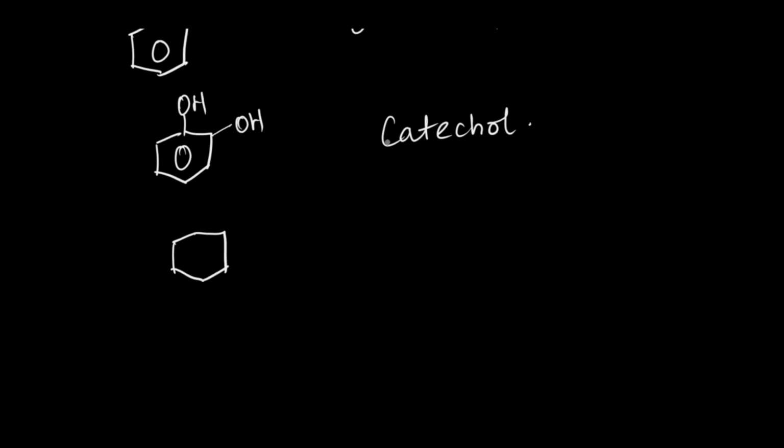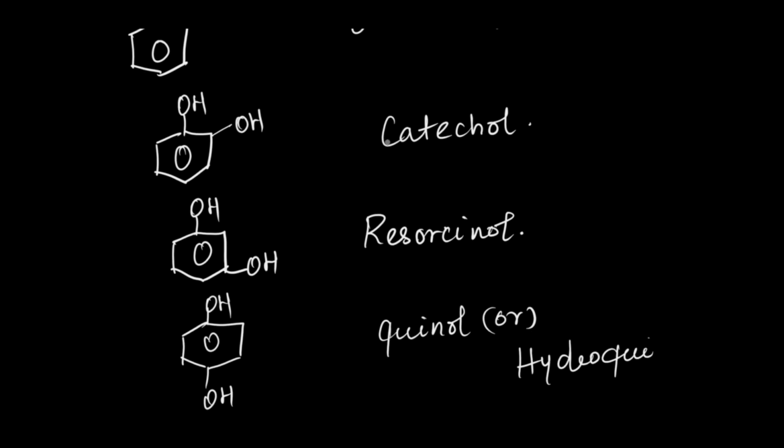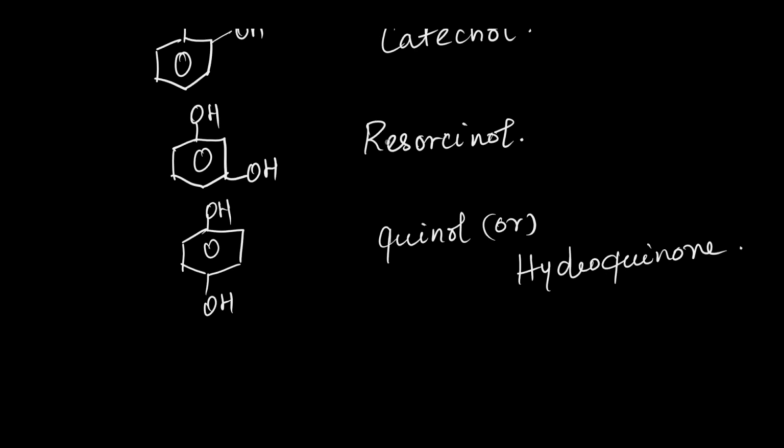If that is present meta to each other, then that is resorcinol. If that is para to each other, we know this compound very well, that is quinol, or also called hydroquinone. Hydroquinone or benzene 1,4-diol.